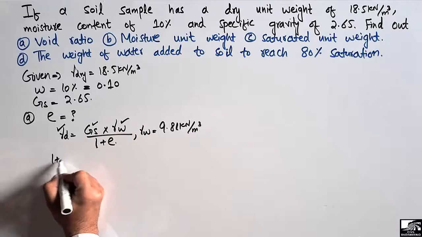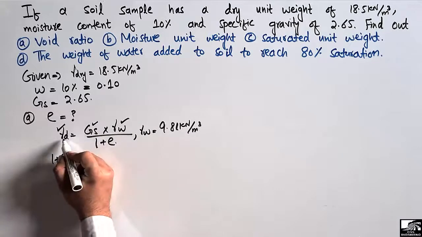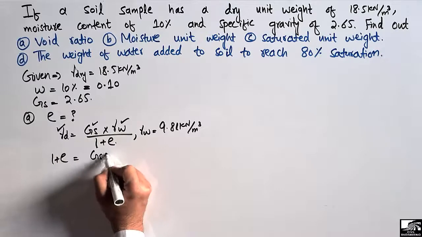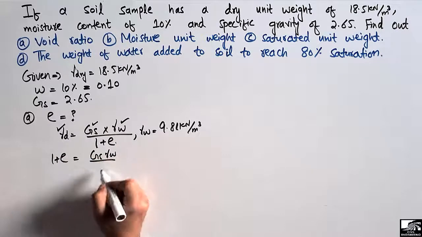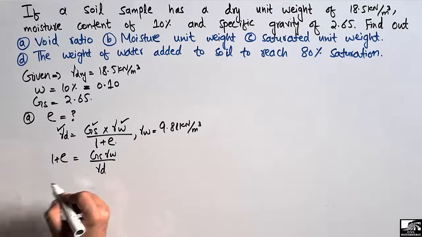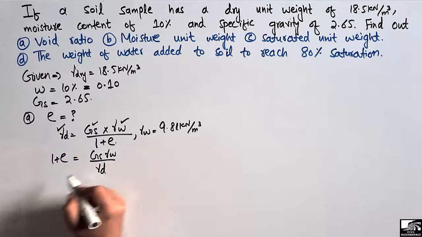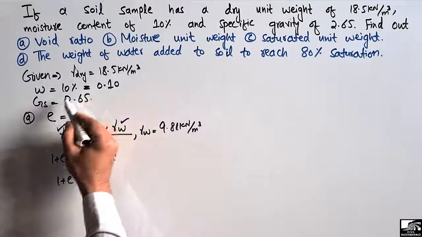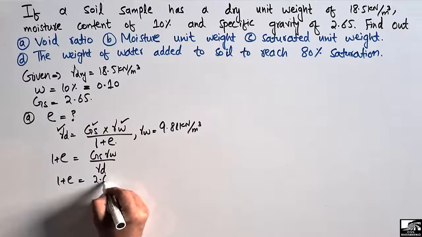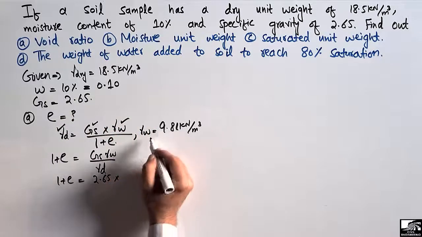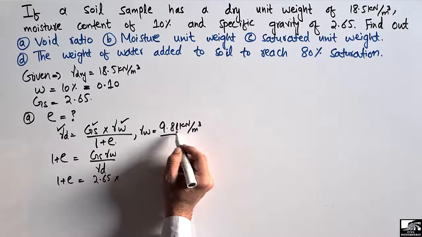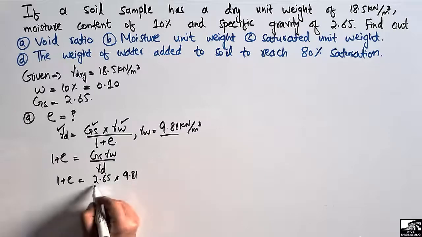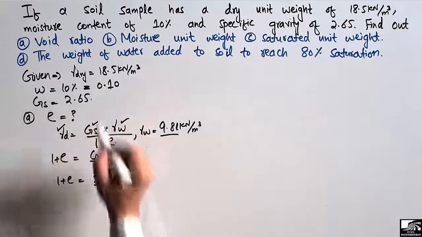So if I shift this value to the left side, 1 plus e is equal to Gs into gamma W divided by gamma D. Now if we put the values, 1 plus e is equal to Gs, which is 2.65, multiplied by gamma W, the unit weight of water, which is a standard 9.81, divided by gamma D, which is 18.5.